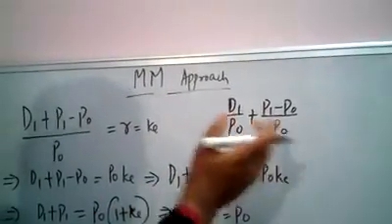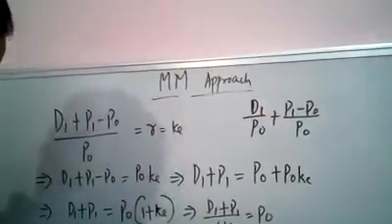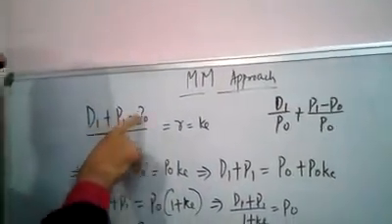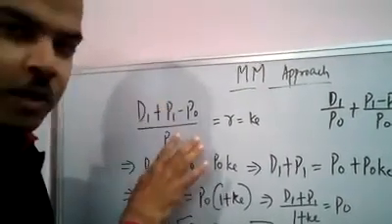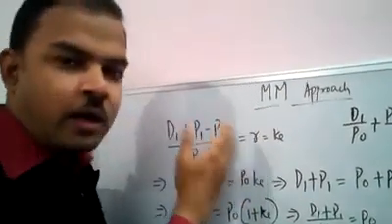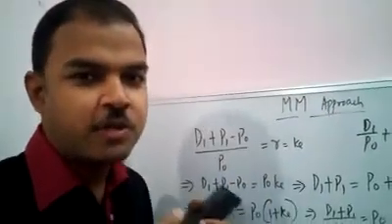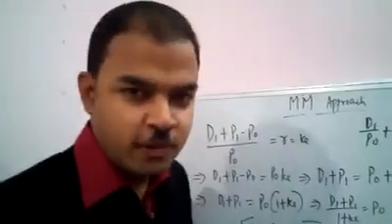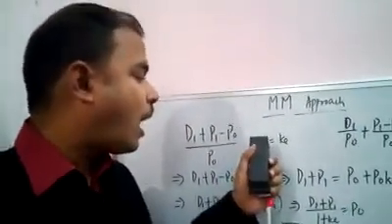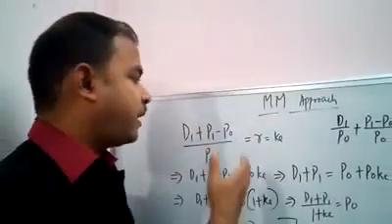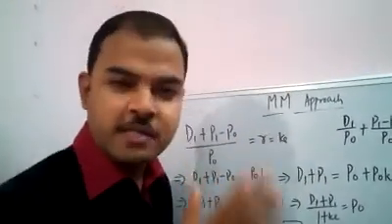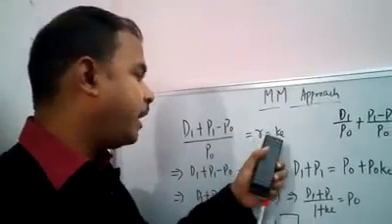If I add those up, we get D1 plus P1 minus P0 by P0 is equal to R. R is nothing but the total return the shareholders will get, since Modigliani-Miller assumed that R will be equal to K. Whether I write R or K, it is the same, so I will write K instead.